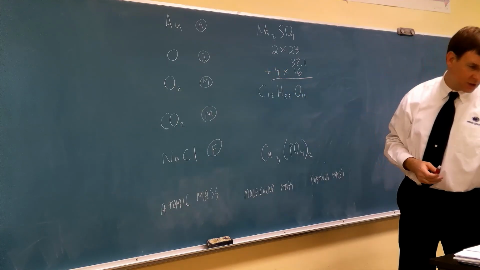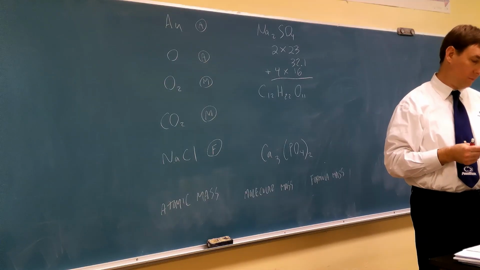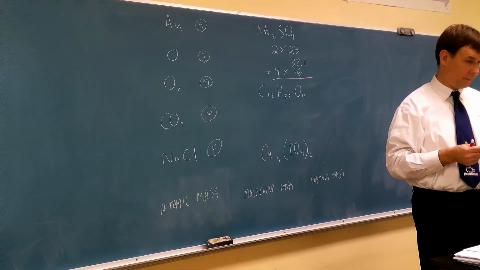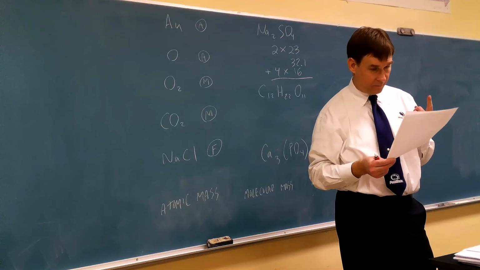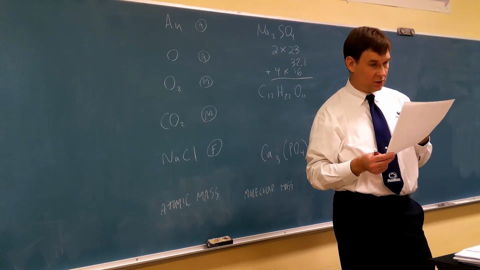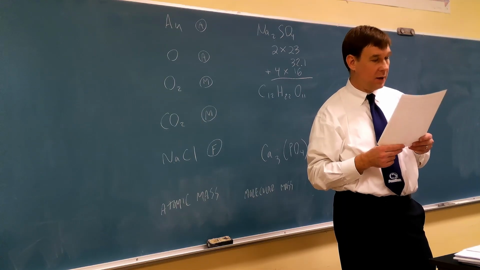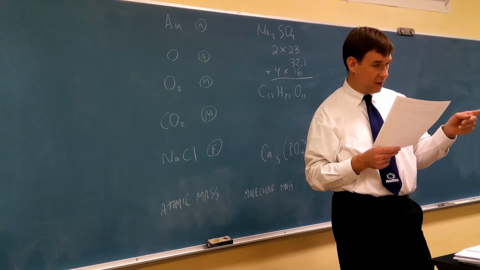So if we're trying to put this into words for a vocab question, what do you do? Counting the number of elements, multiplying them by their component. Sort of, yeah, we're sort of close to that. The amount of atoms by the AMU. How do you know the amount of atoms?